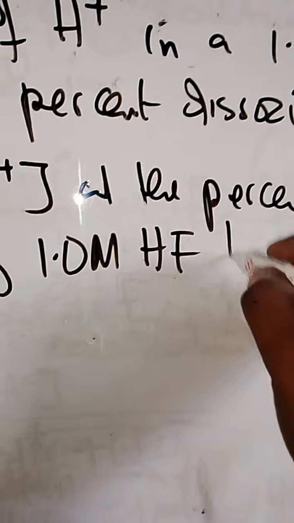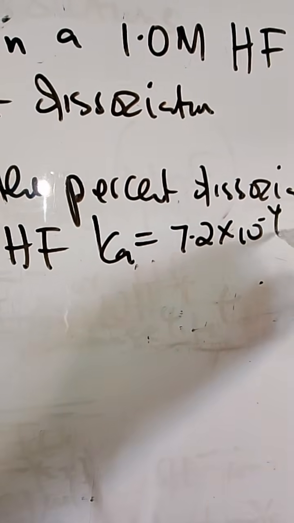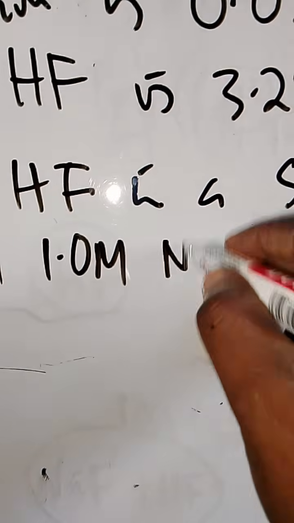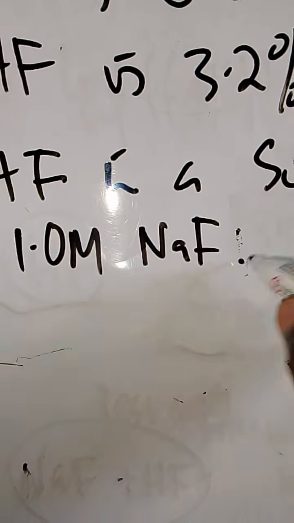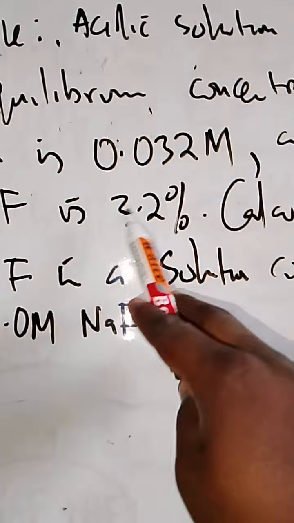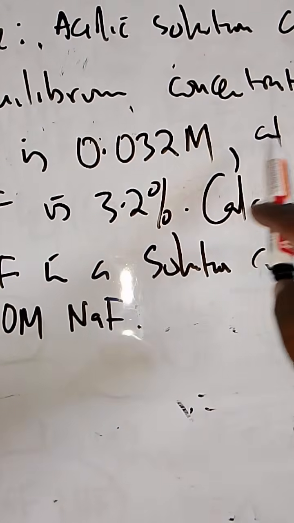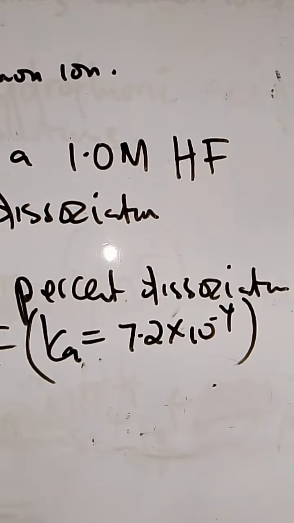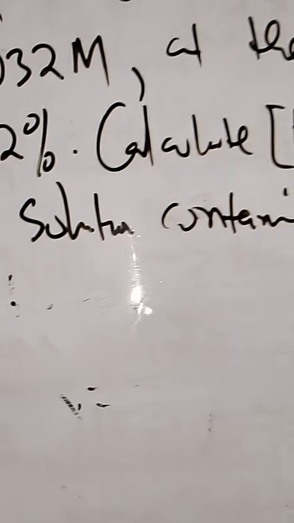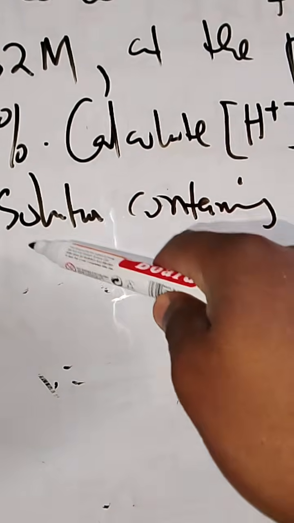We know Ka is equal to 7.2 times 10 to the power negative 4, and 1.0 molar sodium fluoride. Okay, so what we need to look at here, we want to compare the percent dissociation. So the percent dissociation for hydrofluoric acid, when it is alone, is 3.2.